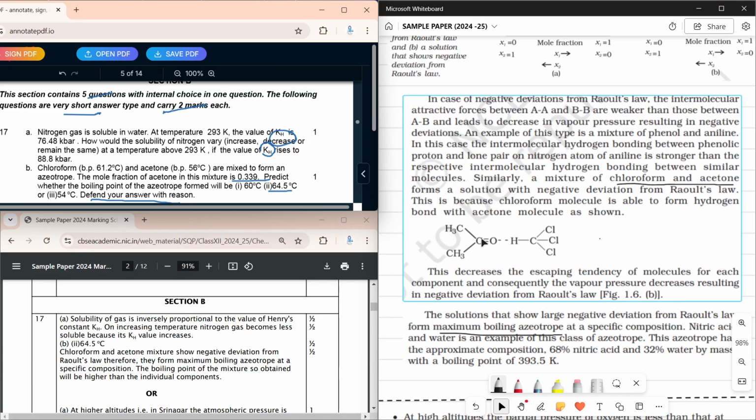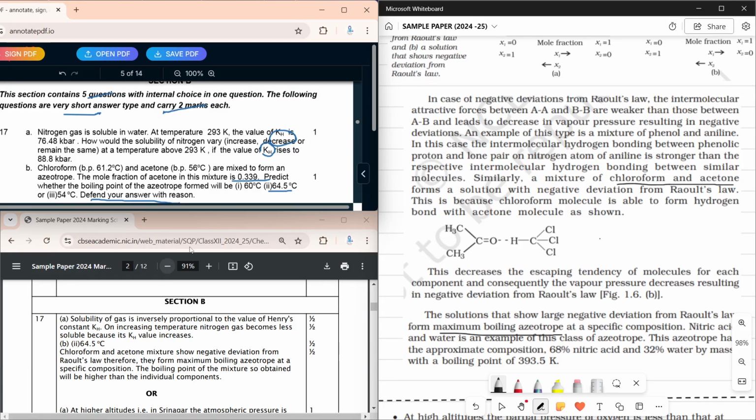Because the interactions are very strong, they form a negative deviation and a maximum boiling azeotrope. So their boiling point will be higher than the boiling point of the individual components. That's why you have the answer over here.